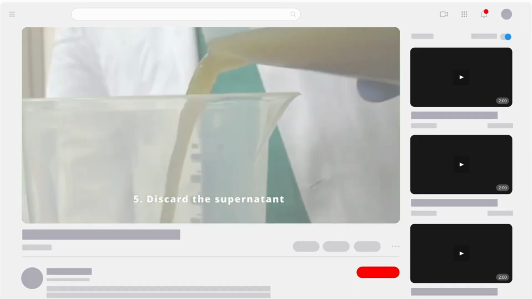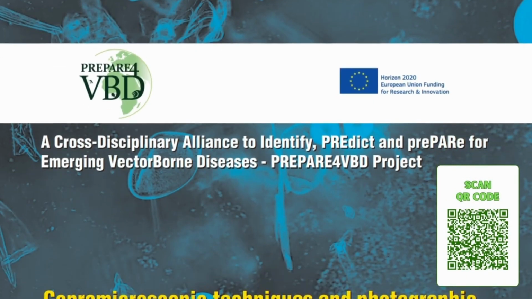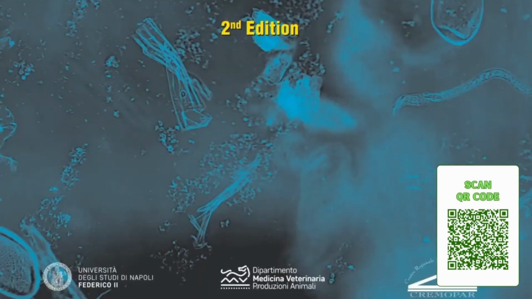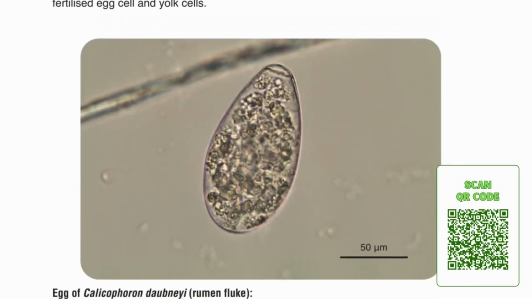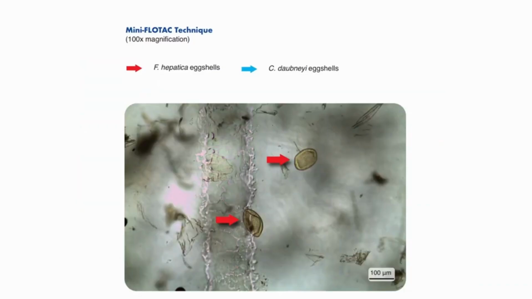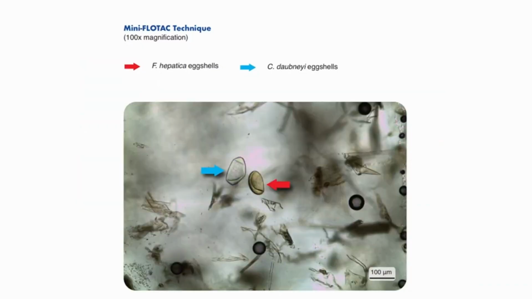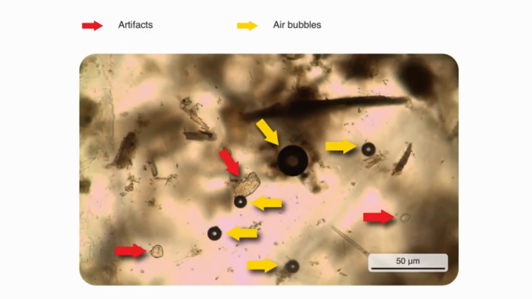An illustrated atlas is also provided featuring images of liver fluke eggs, other parasitic elements such as eggs of various helminths and oocysts or cysts of protozoa, as well as common artifacts and pseudoparasites to support accurate identification and interpretation.